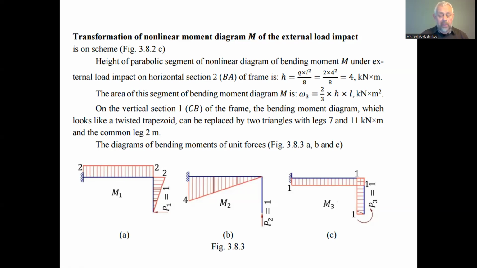We have to remember that we determine the bending moment diagram on the stretched fibers of the mechanical system. The same here.